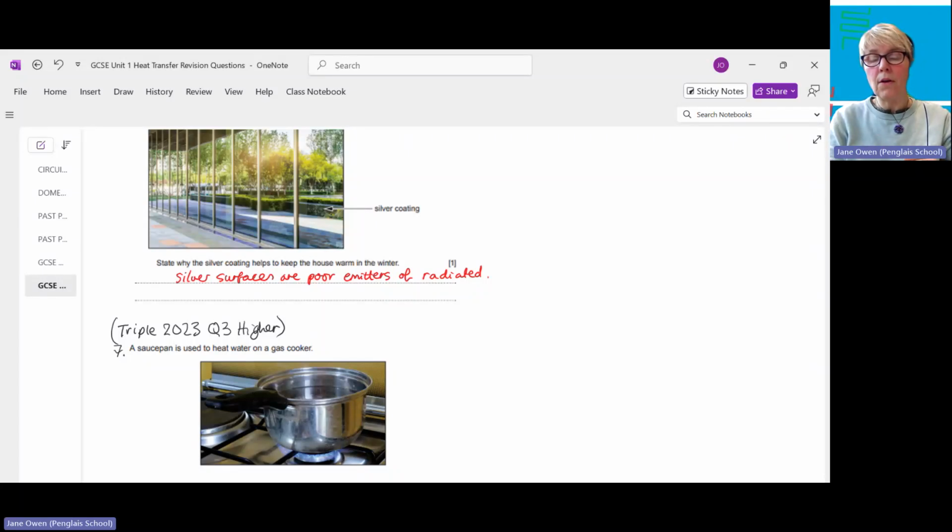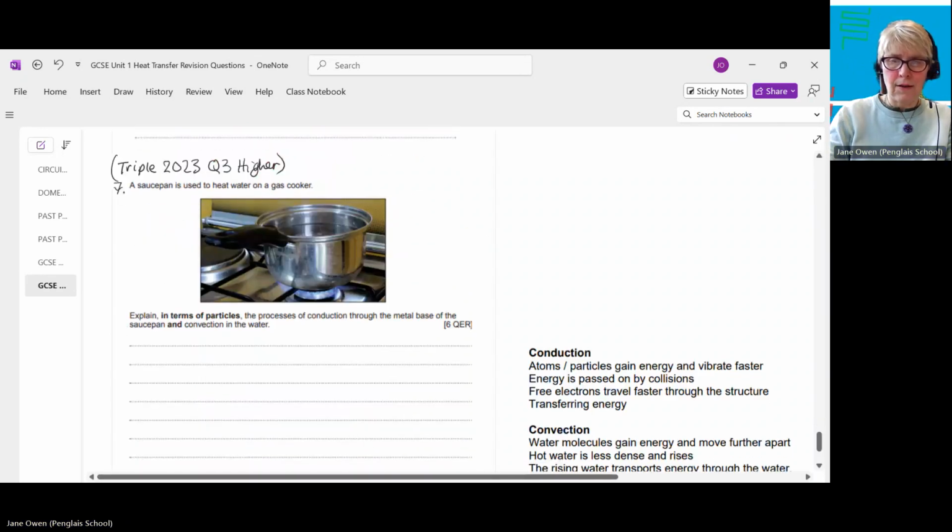Therefore, the silver surface is a poor emitter, preventing heat loss, because it's a poor emitter of radiated heat. You can get your mark still for saying that it reflects heat, as long as you say it reflects heat back into the house, because the house is where it's the warmest.